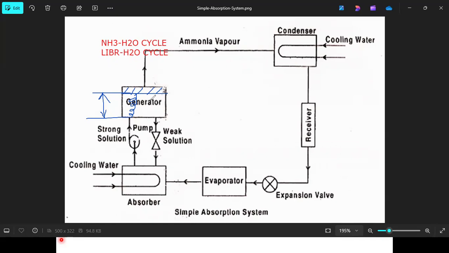Is it okay? Do you understand? Clear? So you will have an analyzer, whose purpose is to allow only the ammonia vapor to the other side. Now this ammonia vapor will have high pressure and high temperature, isn't it? I told you about superheated steam or superheated stages. That means it contains a lot of pressure inside the vapor phase itself.